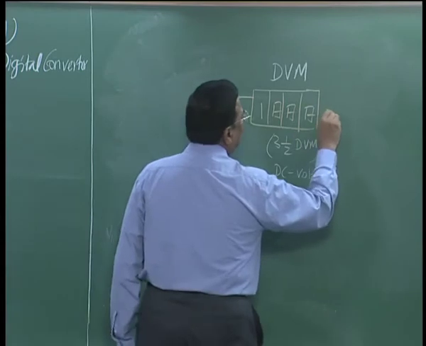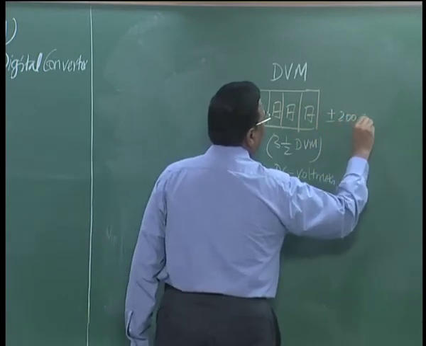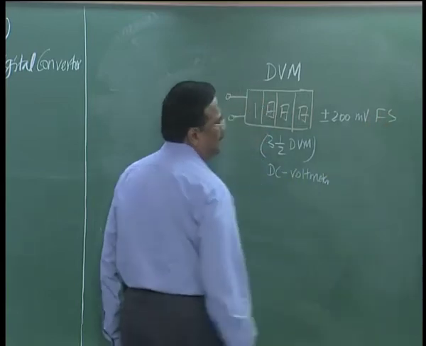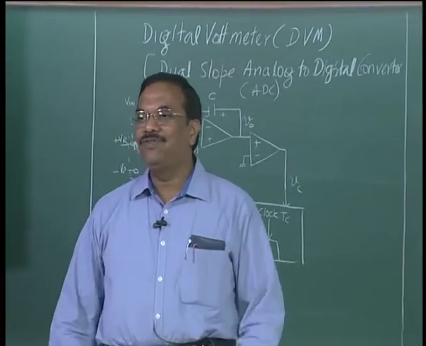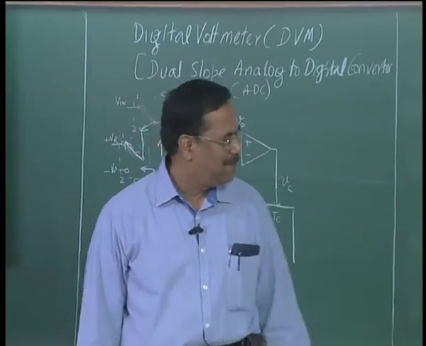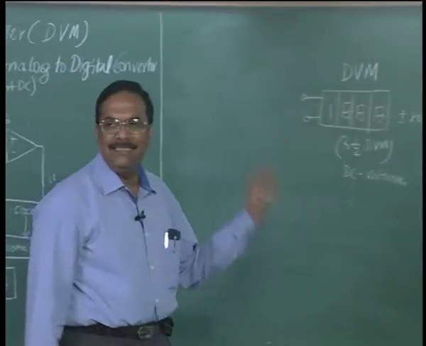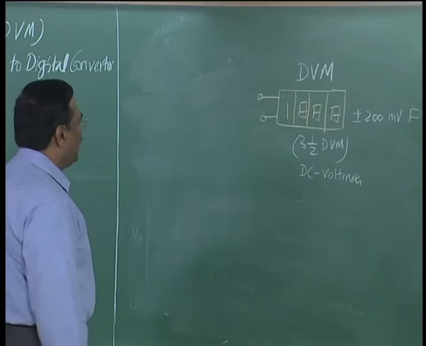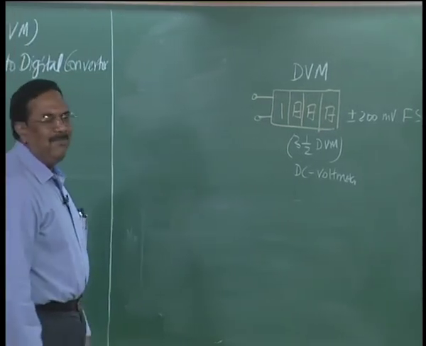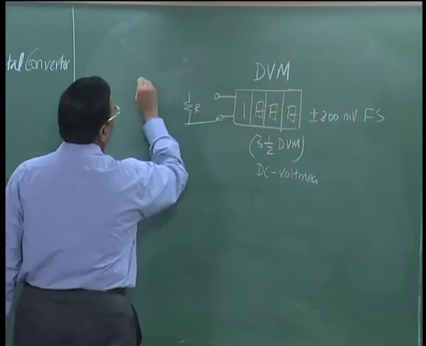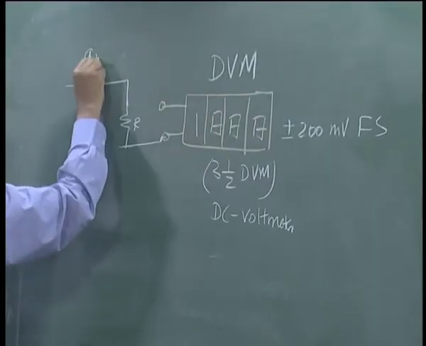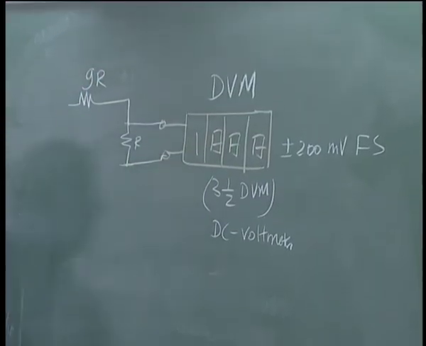Let us assume this is plus or minus 200 millivolts full scale. To get 200 millivolts full scale on a 3.5 digit DVM, what should be my reference voltage? 100 millivolts. So, I give VR equal to 100 millivolts, I get 200 millivolts full scale. Now, it is very easy, I can put a potential divider, R and 9R, and connect the output of the R to my DVM.